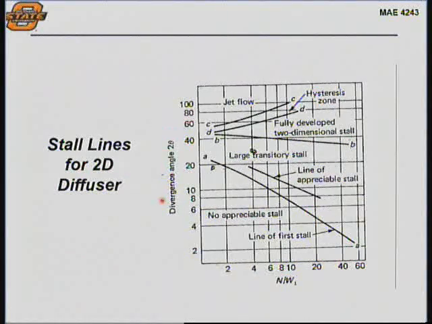There's been lots of work done over the years on diffusers. You may have seen a different plot close to this; there's one in your book that doesn't have actual numbers on it.